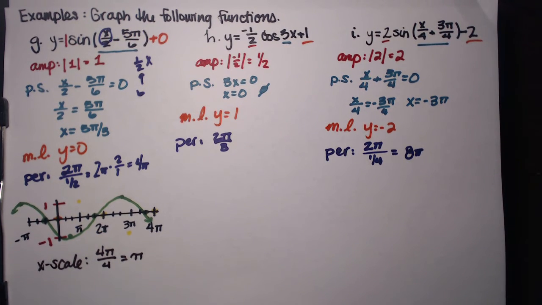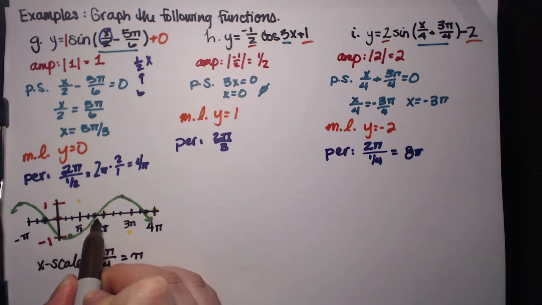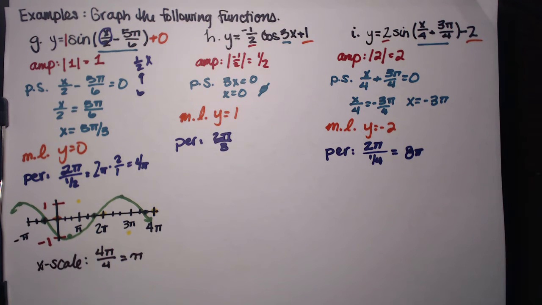I just counted on the graph rather than actually working it out, but that distance is still pi, because 1, 2, 3, I'm in thirds, so each mark is a pi third, so 3 of them is pi. So it still works out the same way.